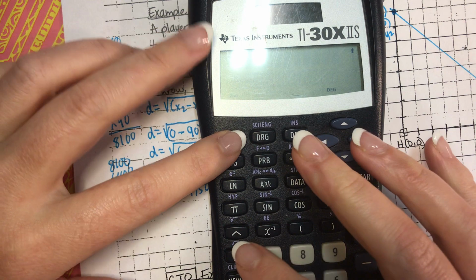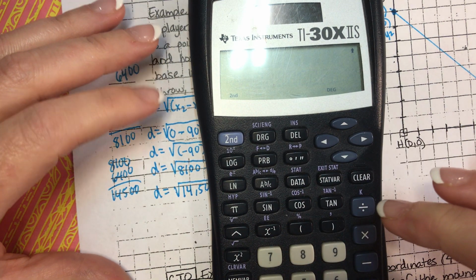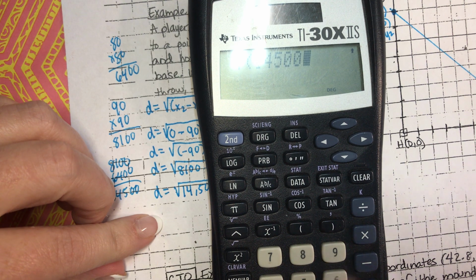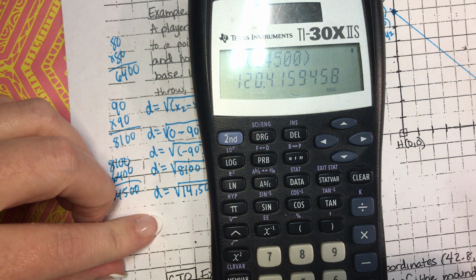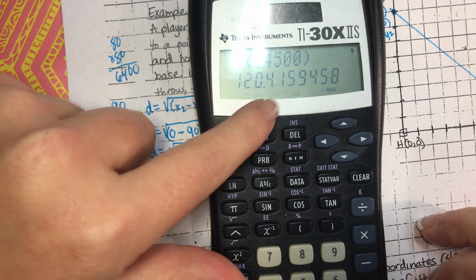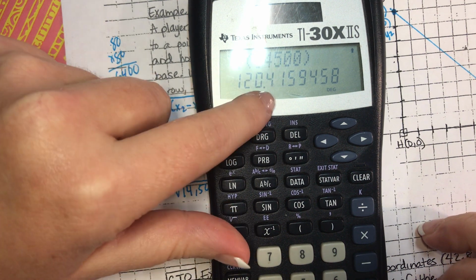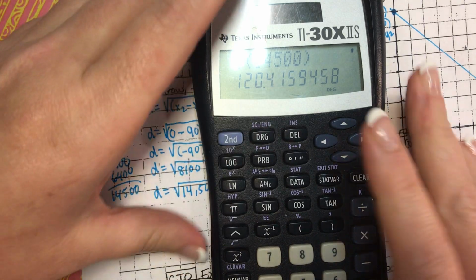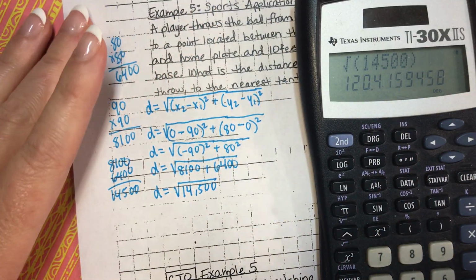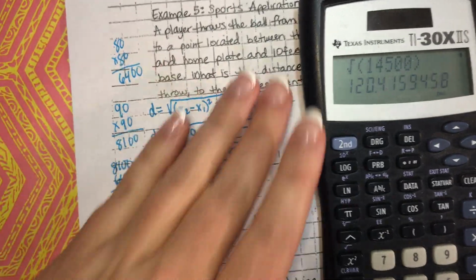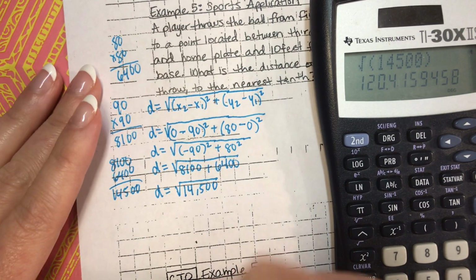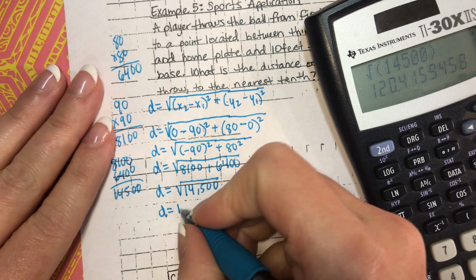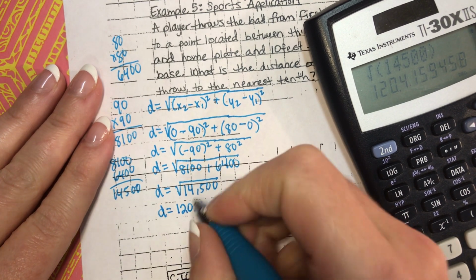The square root of 14,500 is 120.4. It says round to the nearest tenth, so we look at the hundredths. That doesn't round up, so it just stays there. So the distance is 120.4 rounded to the nearest tenth.